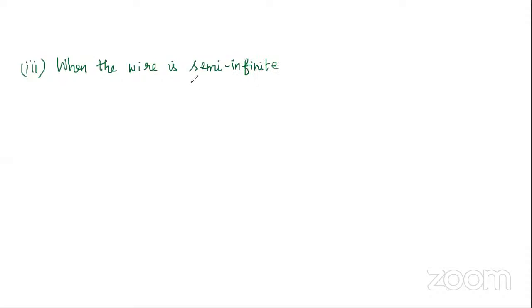In that case, the magnetic field due to this wire is given by B equal to mu naught I by 4 pi r.